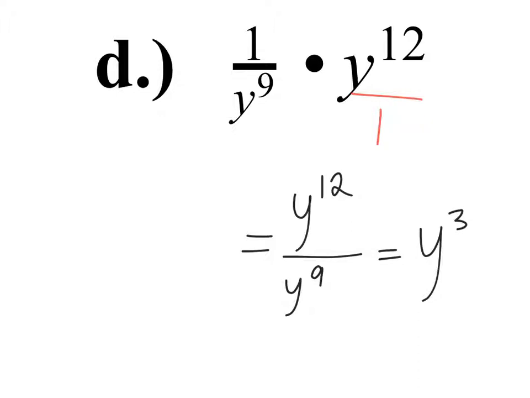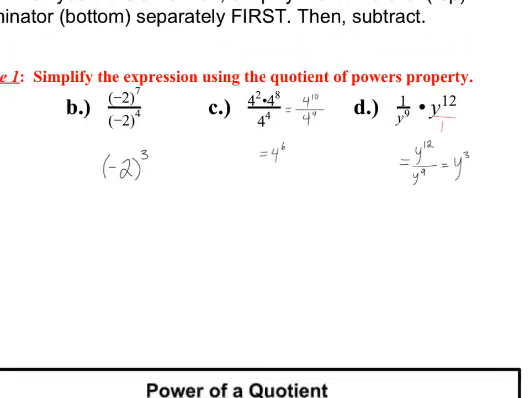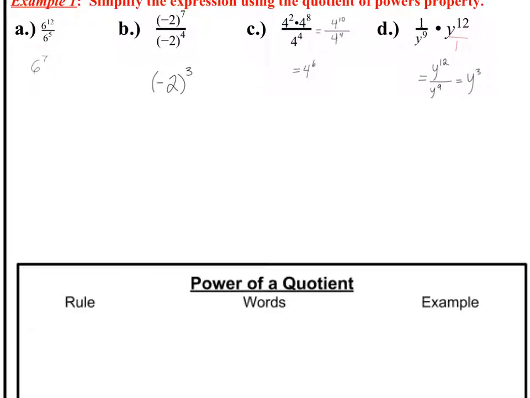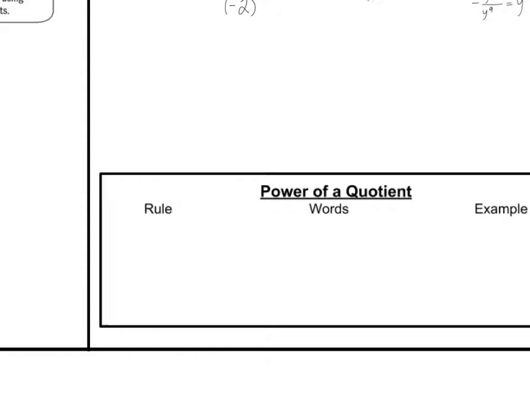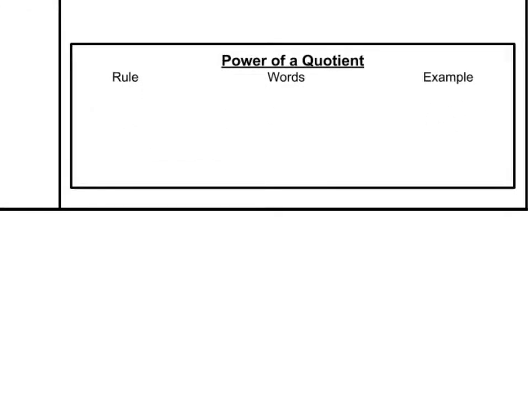Okay. Next rule is similar to one we did yesterday. This is power to a power, but with division. So it's pretty much the same thing. I'm going to write it with the letters first, and then we'll put it in words and do an example.